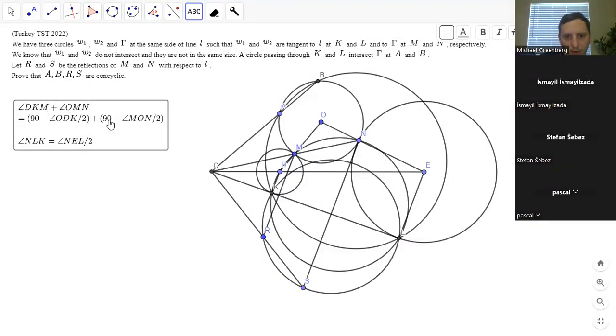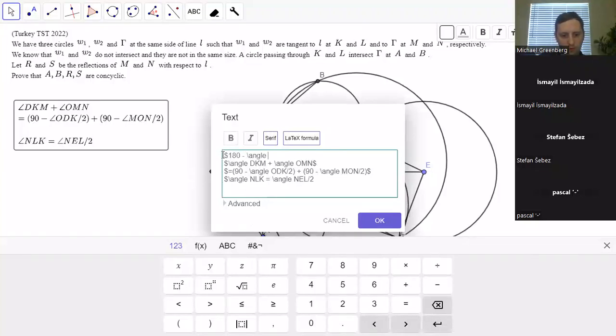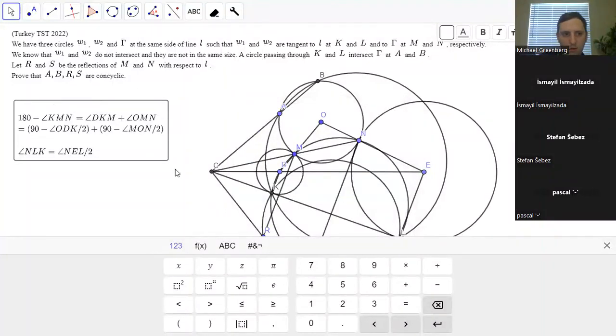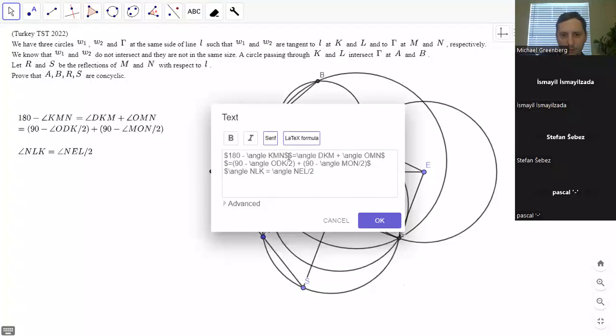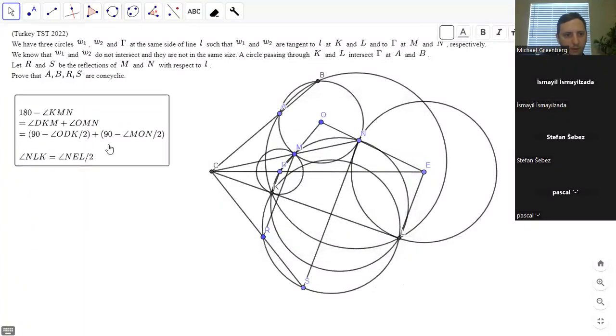So this is 180 minus KMN. I wanted to do it on a separate line, but see if it works this time. Yeah, there we go. Perfect.